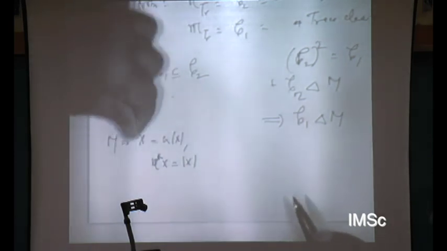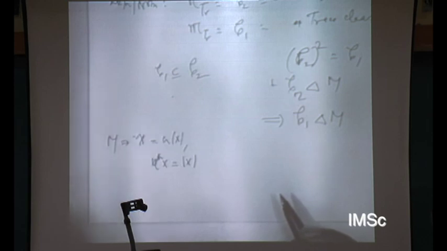Right, because by the definition of polar decomposition, U star U has initial space at the support of mod x.